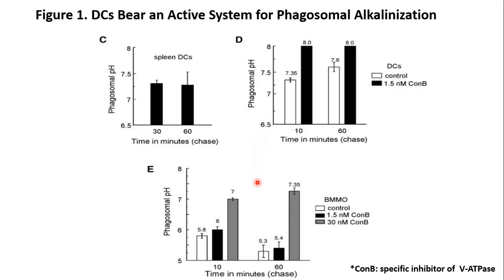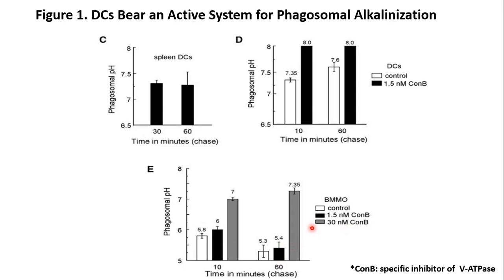In Figure 1e, they compare to bone marrow derived macrophages and see that it does not replicate this alkaline situation. They put the same amount into macrophages, and the pH does not alkalinize and is not sustained. The pH rises not significantly and is not sustained.